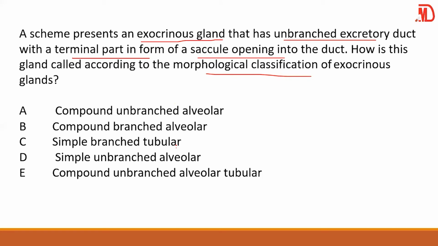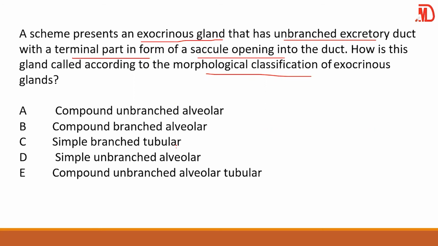What the question says is a circle. It's the same thing, a sac-like circle. And their epithelia are usually what? Simple squamous. And are usually branched, like I said earlier on.